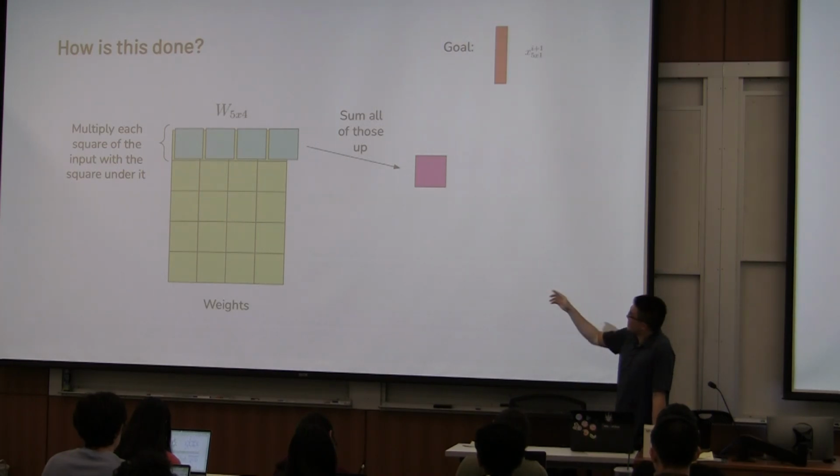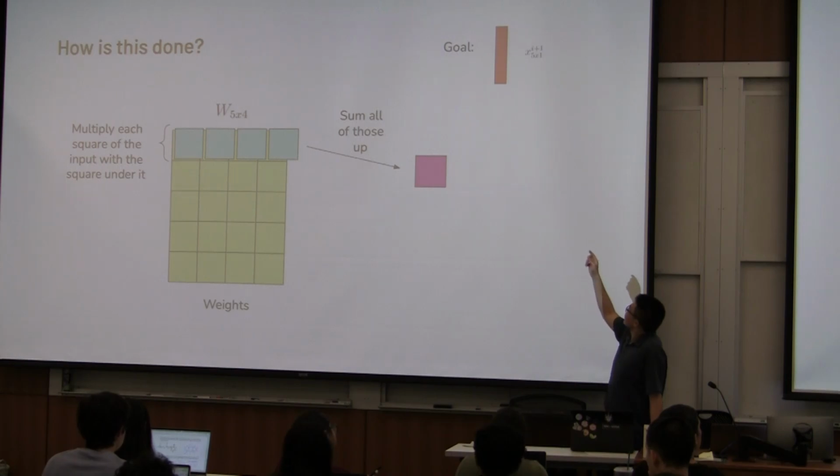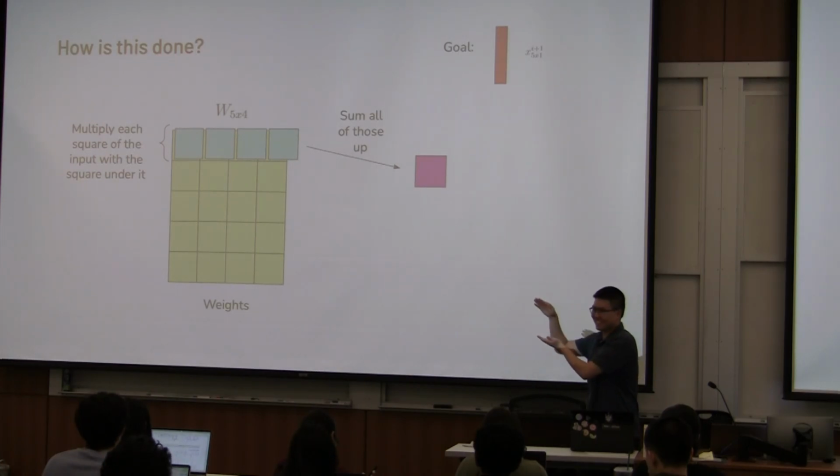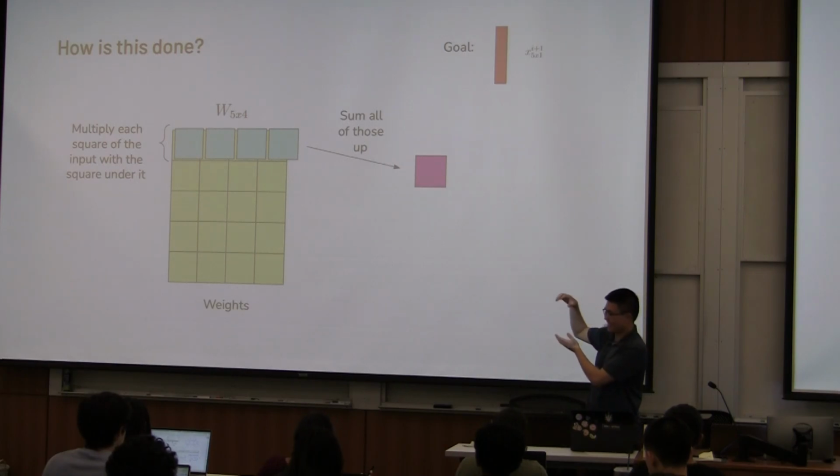We multiply each square of the input with the square under it. Basically, we take the data and flip it 90 degrees, you can think of it, and then multiply each element this way, and you get this.